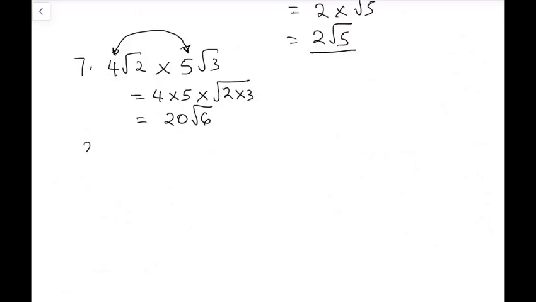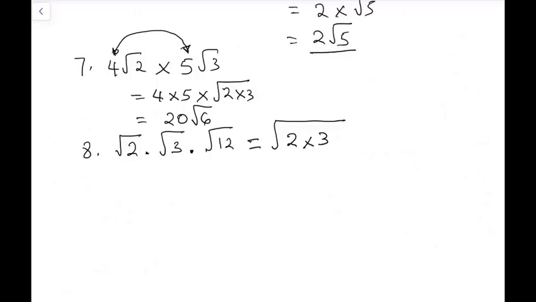And sometimes they can give you dots, and it means find the product. Something like root 2 dot root 3 dot root 12. That dot means multiplication or find the product. So we can just create one single umbrella for them, multiply by 3, multiply by 12.